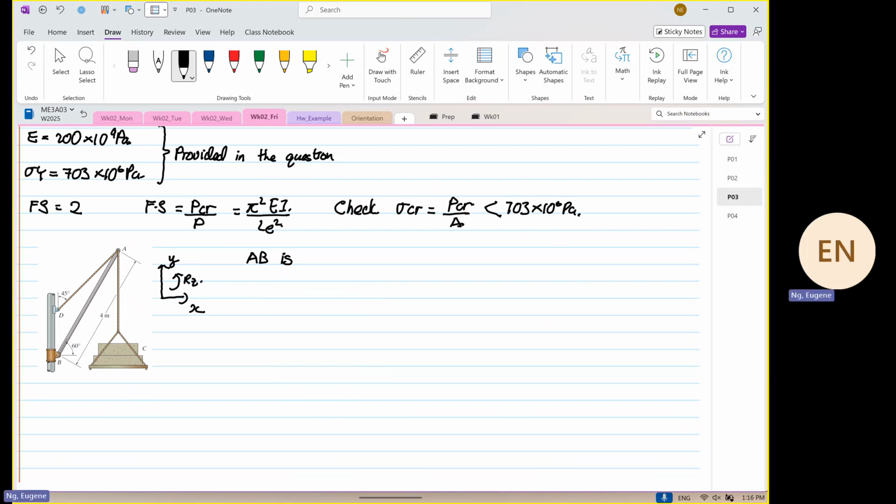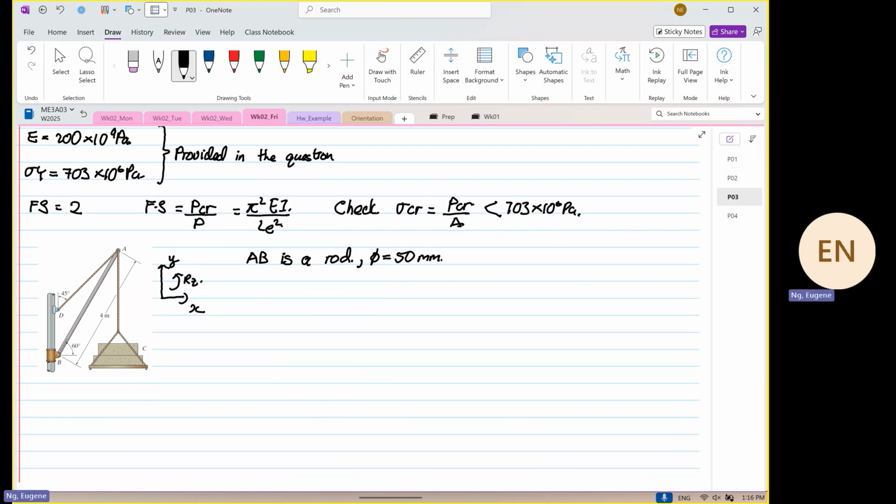When you solve it, you can see it better. So over here, AB is a rod, and because it's a rod, we have a diameter, and the diameter is equal to 50 millimeters.